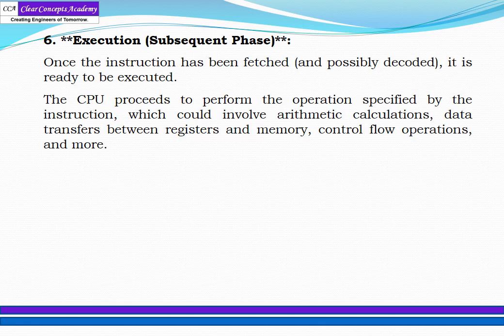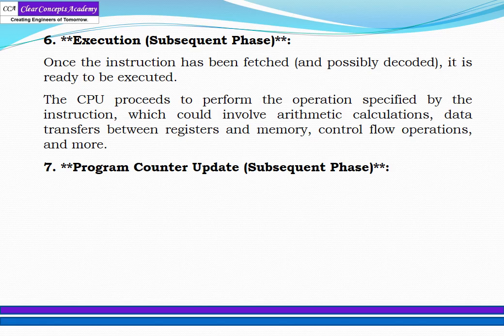So depending on the decoding of the instruction, it may be a mathematical calculation, or a logic operation, or a data transfer. Data transfer means move this data from this location to that location, or get data from this location to that location.